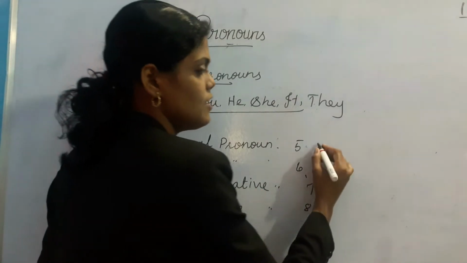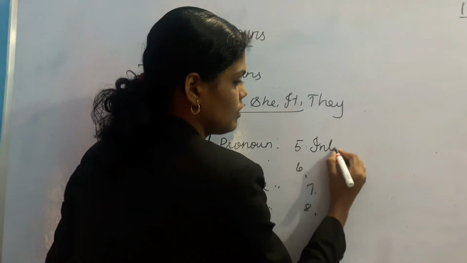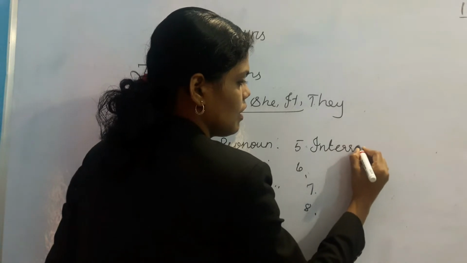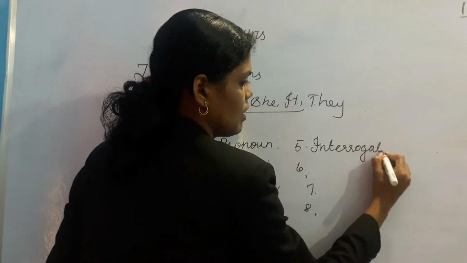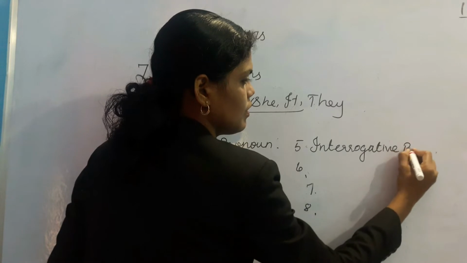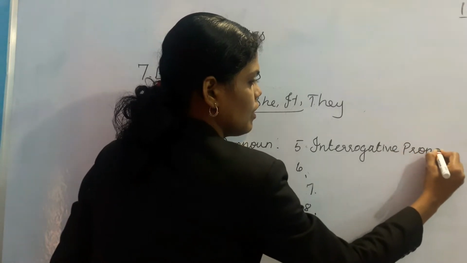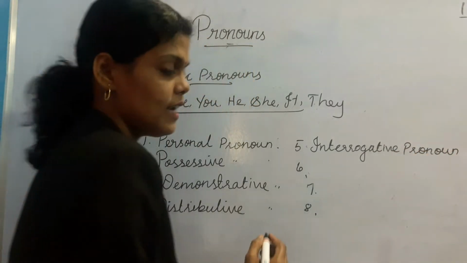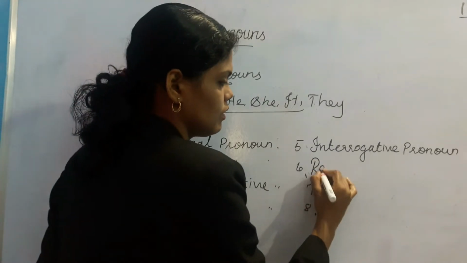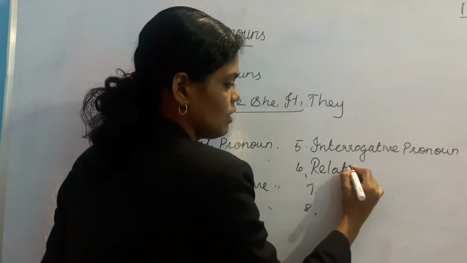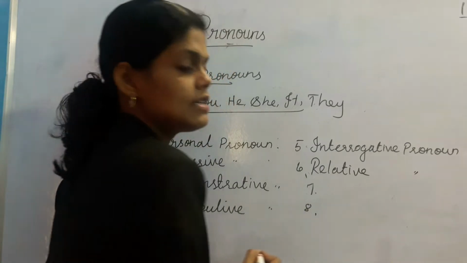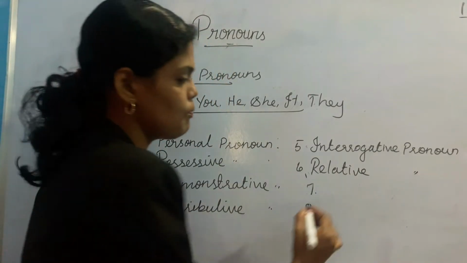Fifth one is interrogative pronoun. Sixth one is relative pronoun. Seventh one is reflexive pronoun.